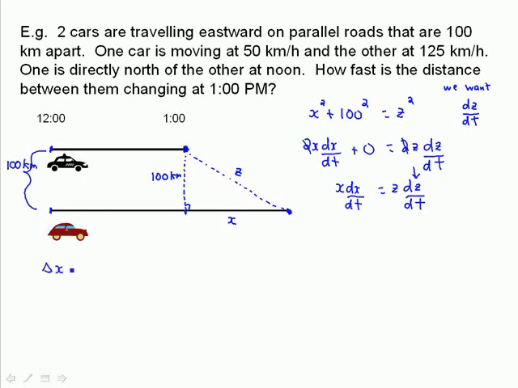So delta x would be equal to the distance that the red car has gone minus the distance that the other one has gone.